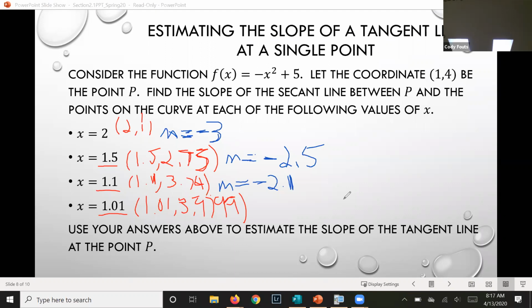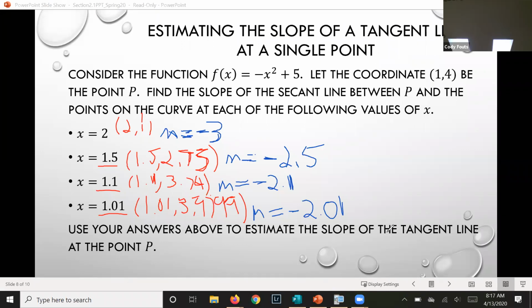And there we'll get the slope of negative 2.01. Okay, and if you look at that, look at the progressions of the slopes. So we had negative 3, negative 2.5, negative 2.1, negative 2.01. As we're moving the values of x closer and closer to 1.